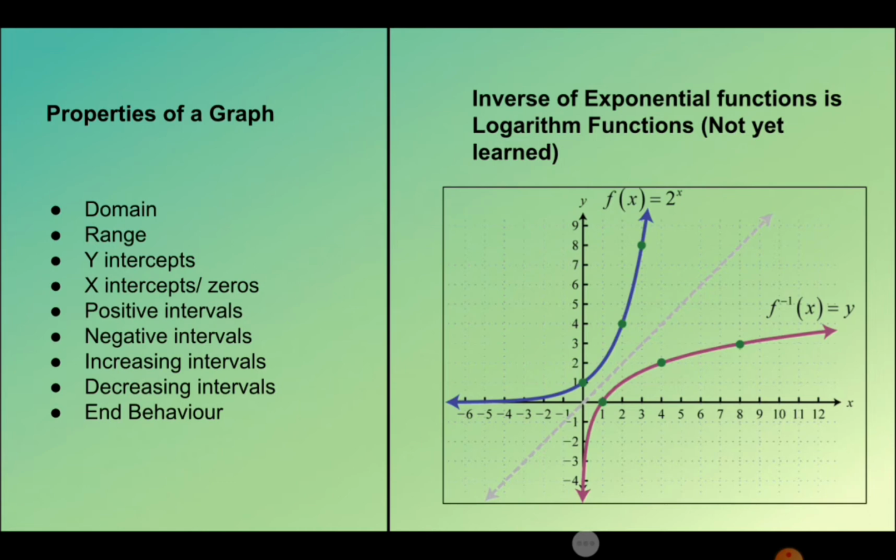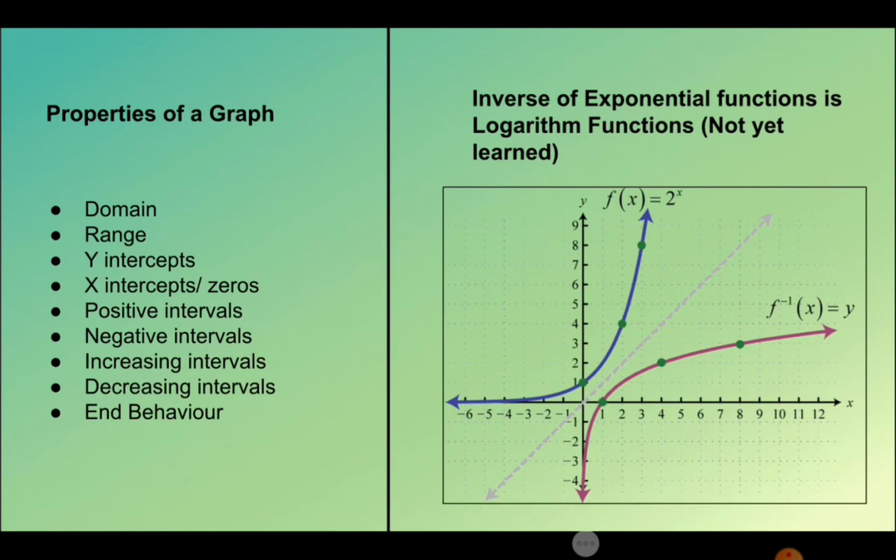And when I do the example later on in the video, I go through all of these in more detail. But domain is basically restrictions on your x values, and range is your y values. Y-intercept is where your function crosses the y-axis.